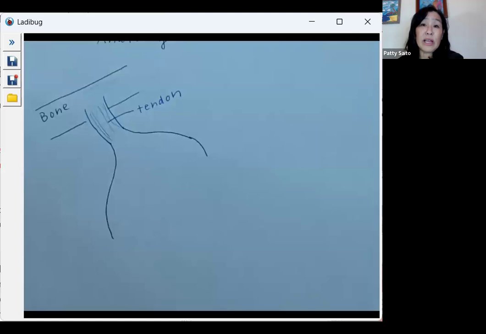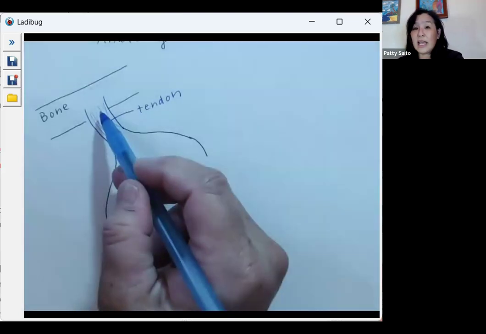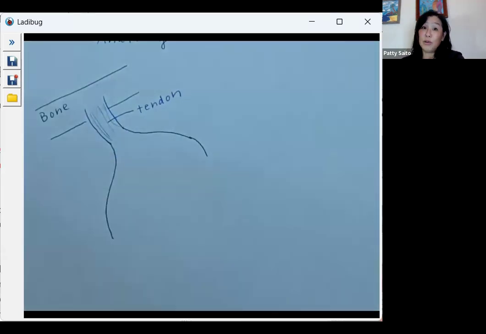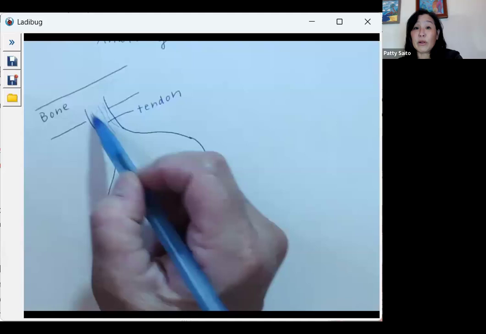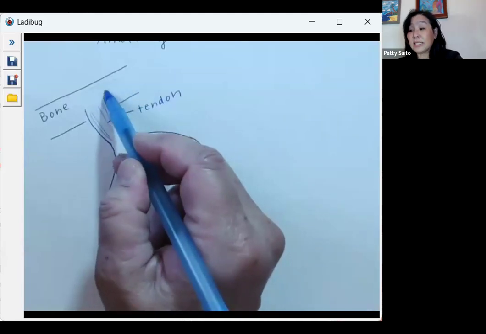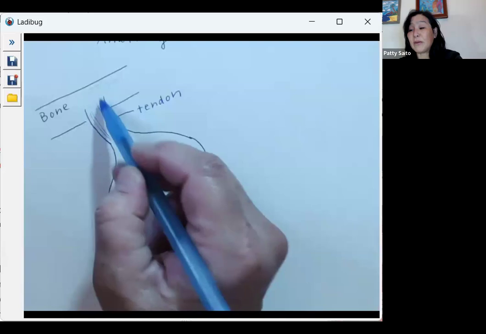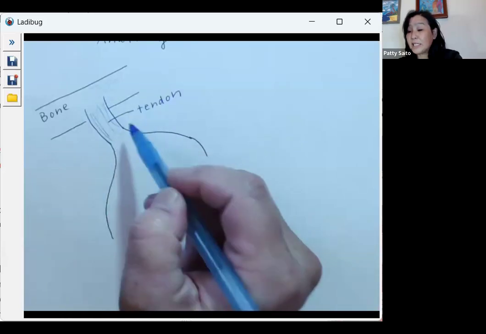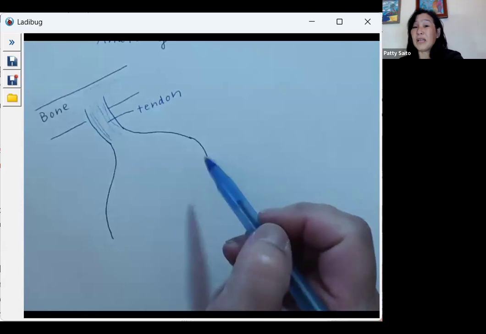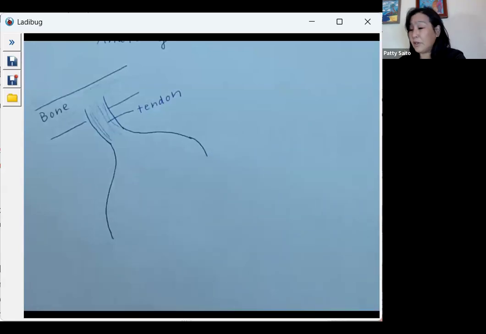And that's why muscles don't just rip off the bone really easily. Think of professional athletes, like soccer players or basketball players that make sharp movements. They're putting a lot of stress on these tendons. And why don't they pull off? Sure, they do pull off sometimes, but it's not real common. It's because all these collagen fibers are all connected. So think of it as a continuous thing, but depending on where it is, we'll call it different structures.